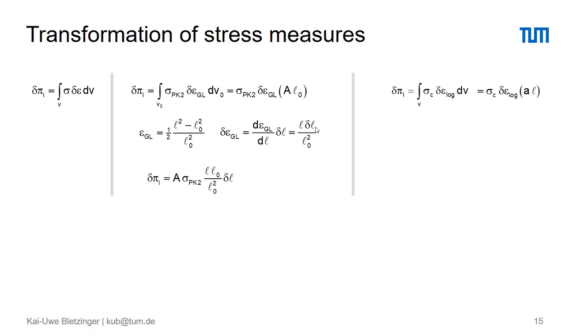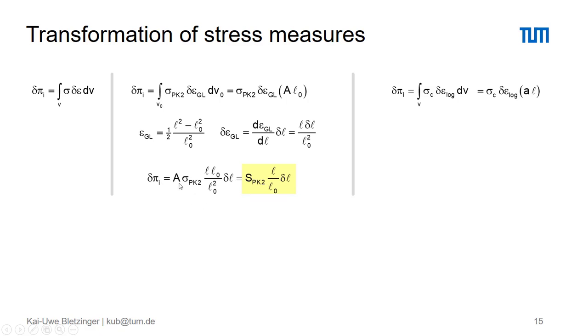L over L0 squared, post multiplied by the variation of the length, the little value we just play around with, changing the length. Substituting that in this integral, we receive the virtual internal energy as the undeformed cross-section A, the Piola-Kirchhoff stress of second kind, and the variation of the strain. And you see one L0 cancels out.